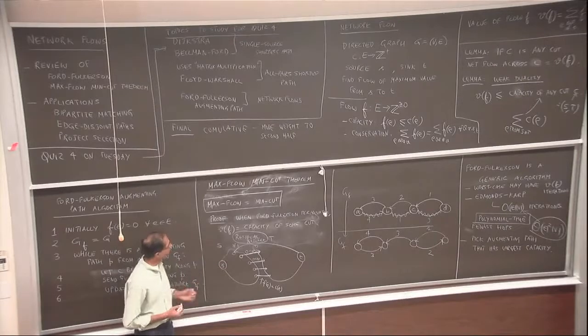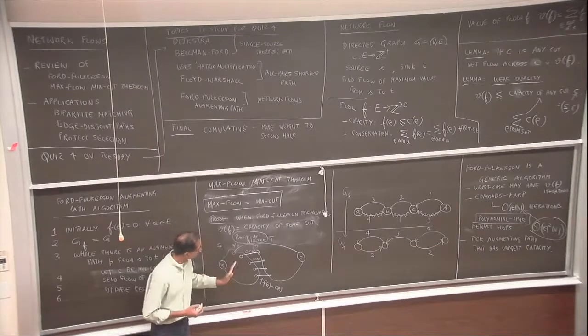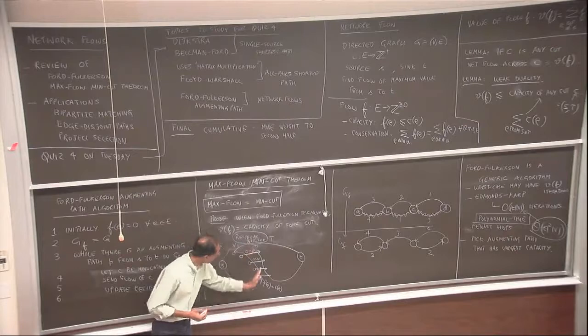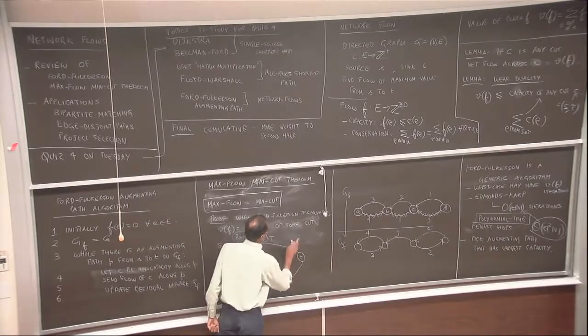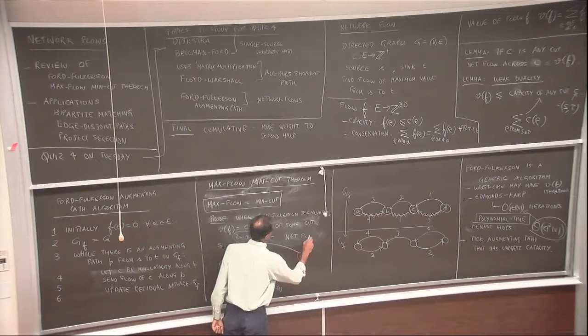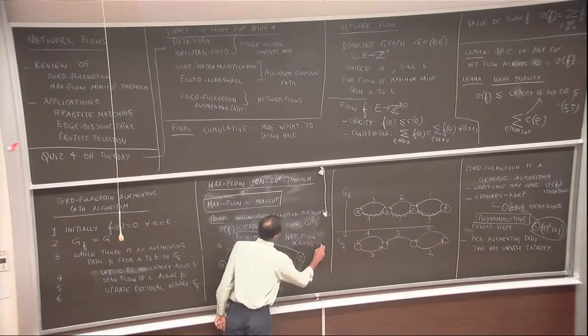So the net flow across this cut is exactly equal to the capacity of the cut.